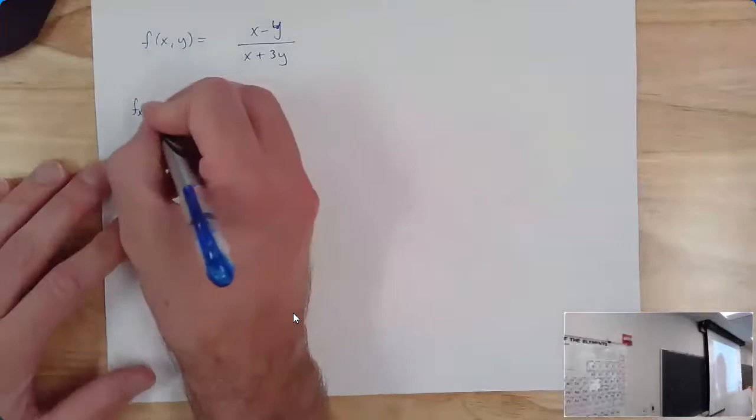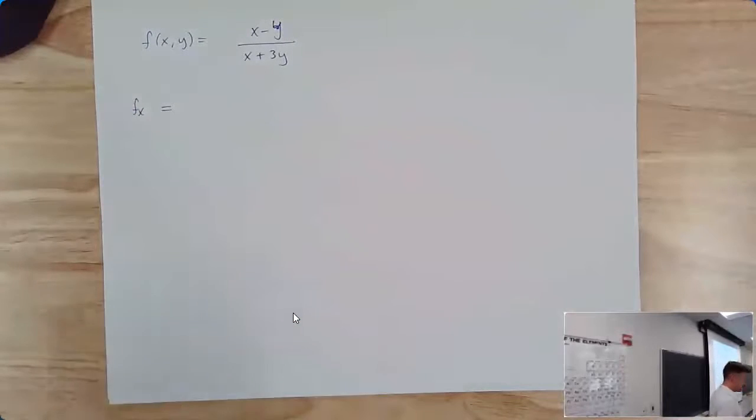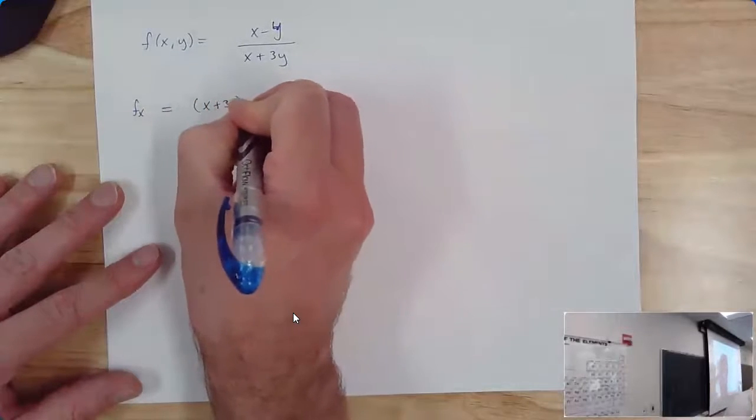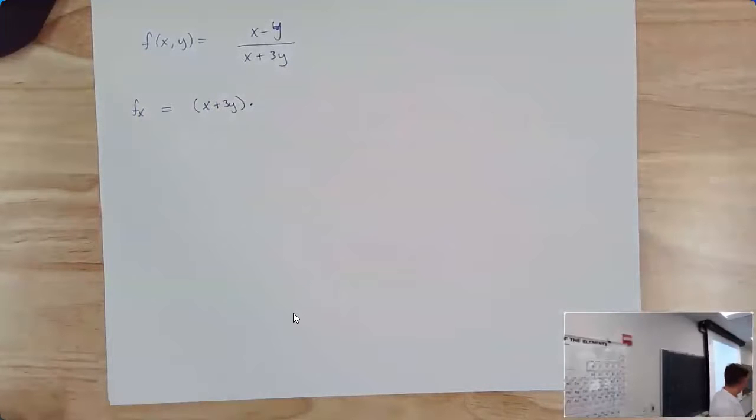So in this case, I'm using the quotient rule. It's going to be the bottom times the derivative of the top. Okay, what's the derivative of the top? You can tell me on your fingers. What's the derivative of the top? It is just 1, right?